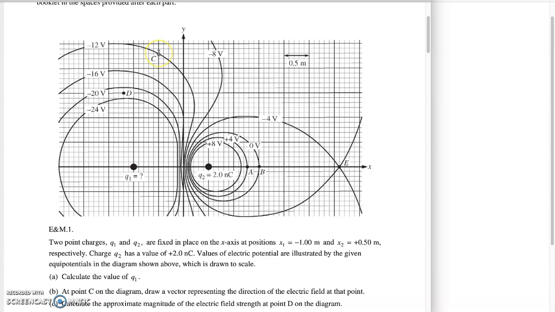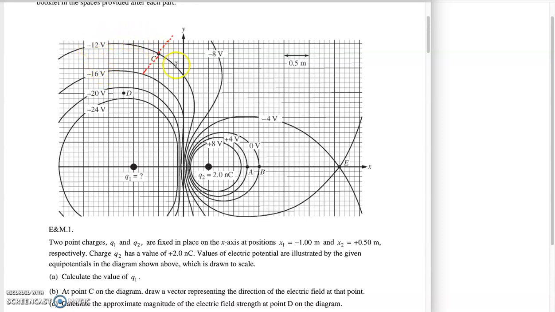Well, gravity is going to pull you perpendicular to that equipotential line. So the electric field is going to be perpendicular, and it's going to be one direction or another, and the electric field indicates the direction that a proton or a positive charge will naturally move in, and it's going to move from a positive voltage to a negative voltage, or to a more negative voltage.